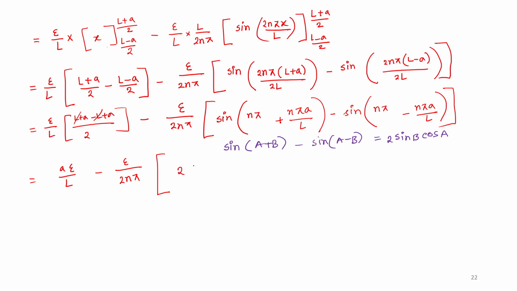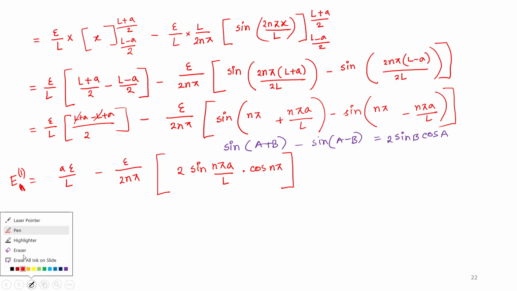So we are going to get 2 sine B, B is n pi A by L, into cos n pi. Okay, I'm going to get something like this. So this is your E nth state first order correction.